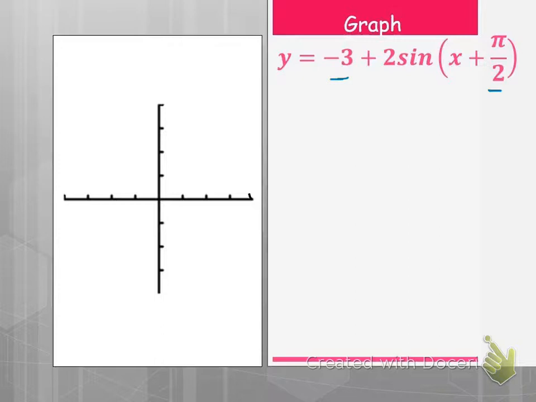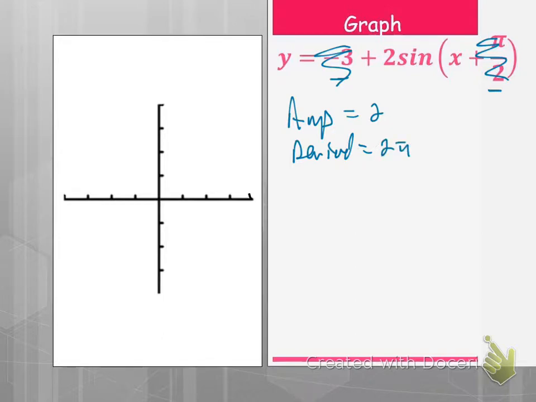All right, so we're going to scribble away everything that we're adding and subtracting. So that means we're going to graph 2 sine x. So amplitude is 2. Period is 2 pi, because b is 1. Divide that over 4 points. Every tick mark is worth pi over 2. Okay, sine starts at 0.